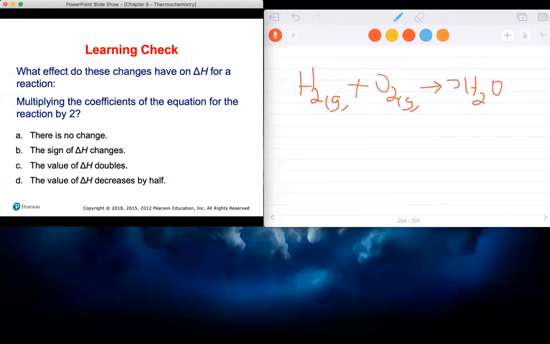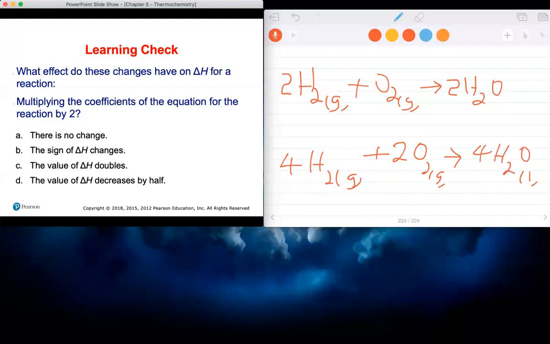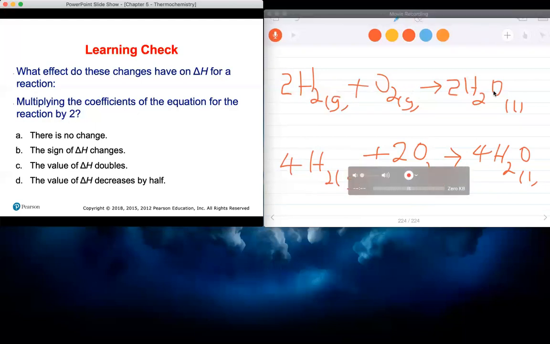And if I have a 2 there and a 2 there, suppose I have 4 hydrogen gas plus 2 oxygen gas to produce 4 H2O, liquid. This is liquid. What will happen to the enthalpy of reaction if I multiply the equation by 2? That's what the question means: multiplying the coefficients of the equation for the reaction by 2. This was the original equation. If we multiply by 2, what will happen?